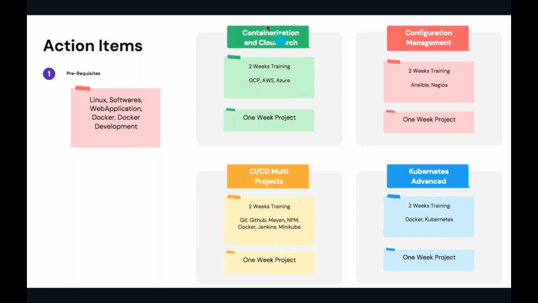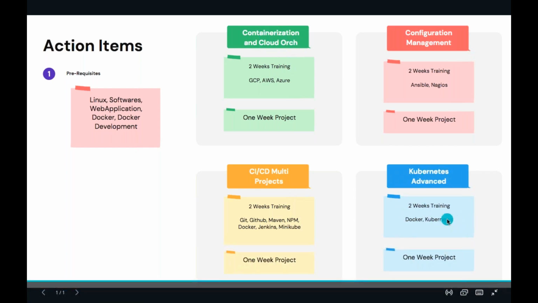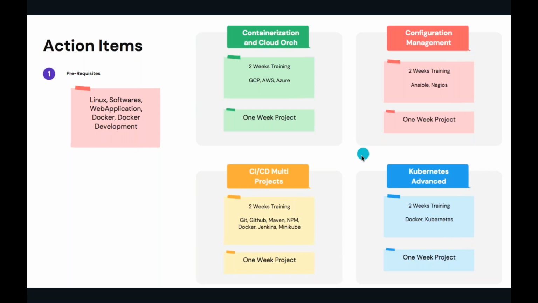The one here, container orchestration in the cloud, is also Kubernetes training, and this is also another Kubernetes training. We split the whole training into four categories. For each category, our plan is to conduct 2 weeks of hands-on advanced training, and after that, we will do a 1 week project. That is the way we are going to work for the next 3 weeks.